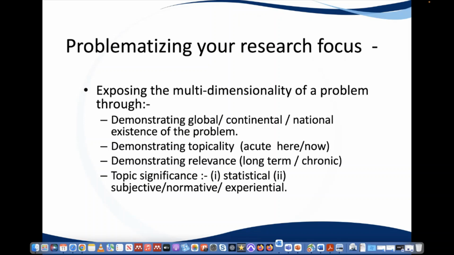The second way that you demonstrate the multidimensionality of a problem is through demonstrating what we call topicality. This has to do with you showing that the problem is acute and it exists here and now.